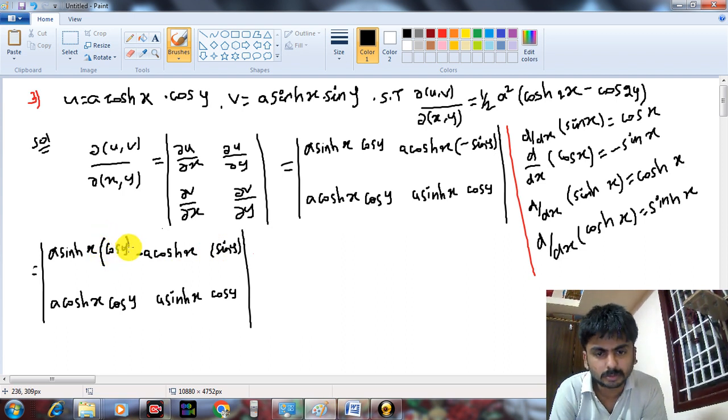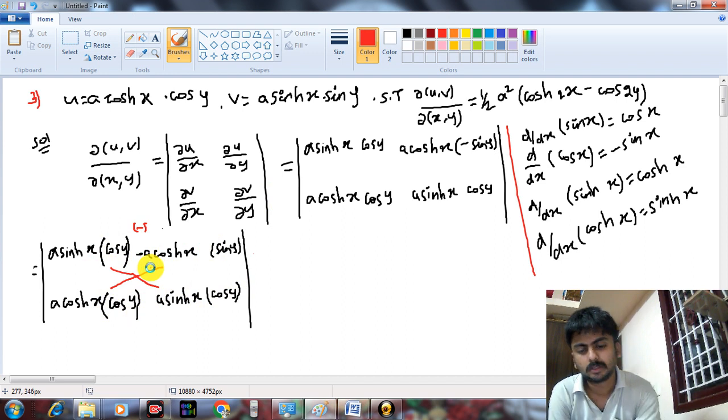Now we have to multiply, that is, we have to take the determinant. So how to take the determinant? These two minus these two, right? These two minus these two.